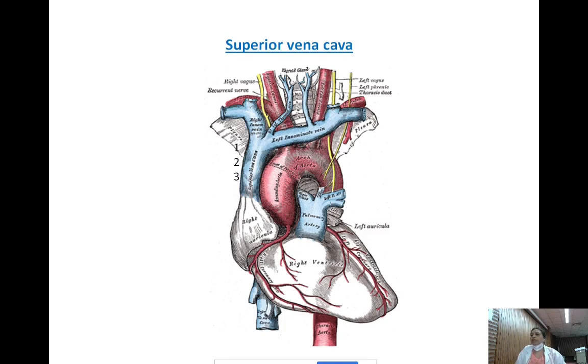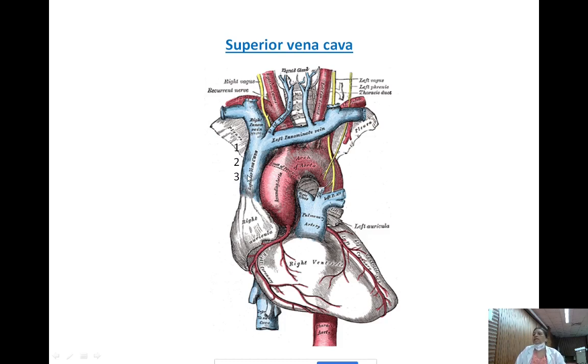So the large veins: one is the superior vena cava, another is the inferior vena cava. The superior vena cava carries the deoxygenated blood, and it drains into the right atrium at the level of the third costal cartilage, or third intercostal space.